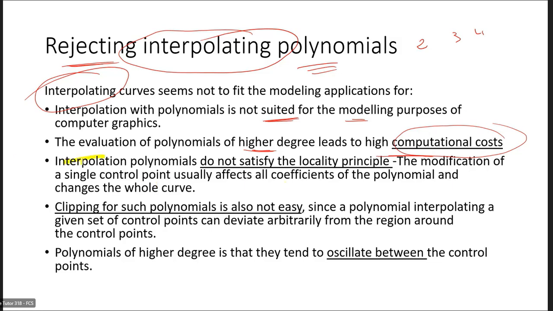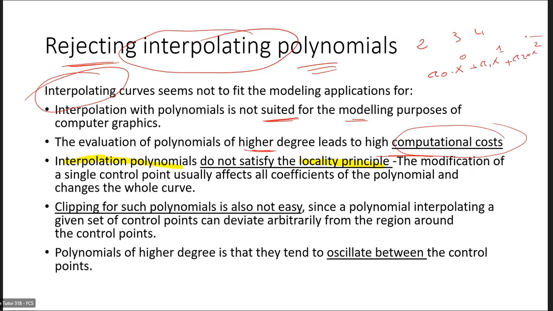Also, the interpolation polynomial doesn't satisfy the locality principle. That means if you modify just one point, this can change all the coefficients of the polynomial. So what does a polynomial mean? Let's suppose we are using x. We can have, for example, a0 multiplied by x to the power of 0 plus a1 multiplied by x to the power of 1 plus a2 multiplied by x to the power of 2.